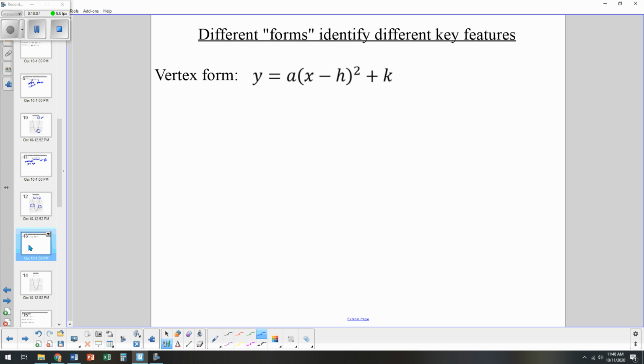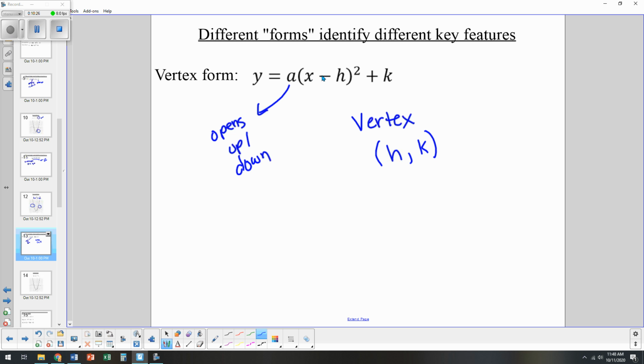Then we have vertex form. So vertex form, again, will tell us if it opens up or down, but will also tell us the vertex, right? It's named vertex form because it gives us the vertex. The vertex is going to be (h, k).